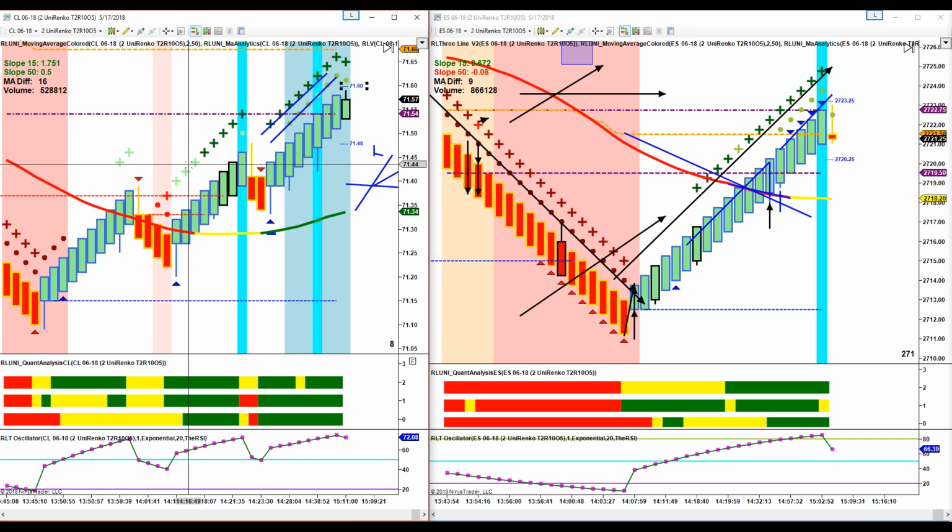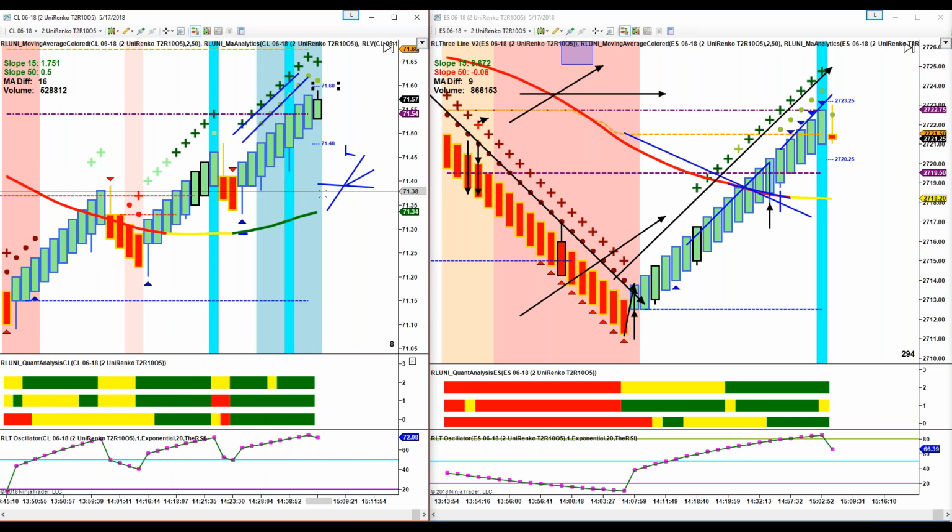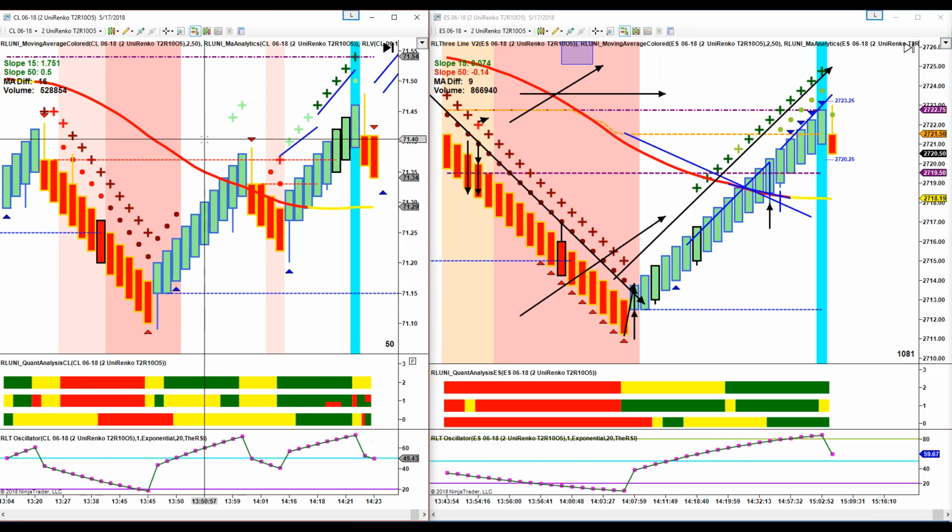Here on the lightest, this is where you have price above the 50 and the 15, but the 15 is flat. There's no trend, but your bias is strong to the upside. So that's your weakest, that's your strongest, and let's find the intermediate color.